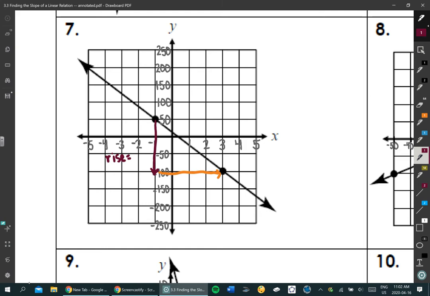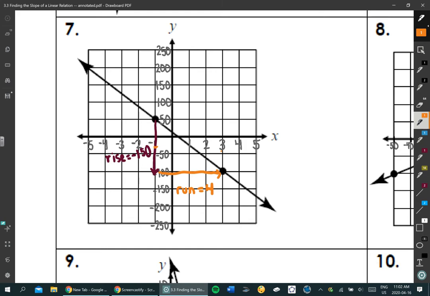That's a change of -150. It went down by 150. The run, let's see. Well, I started at -1 and I went all the way to +3. So my run is 4.